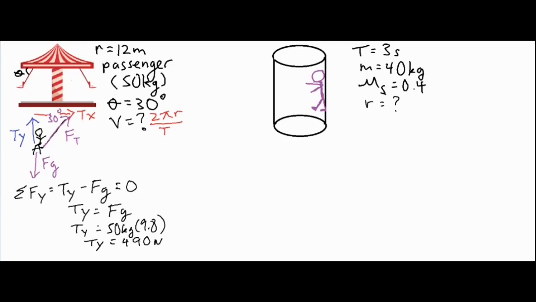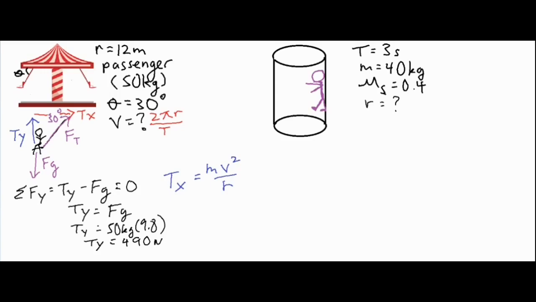So only forces that are directed right towards the center of the circle are considered centripetal. So my net force and my centripetal force is Tx. So that means Tx equals mv squared over r, because the sum of all our forces equals m times a, and the centripetal acceleration is v squared over r, so we got rid of that a and replaced it with v squared over r.